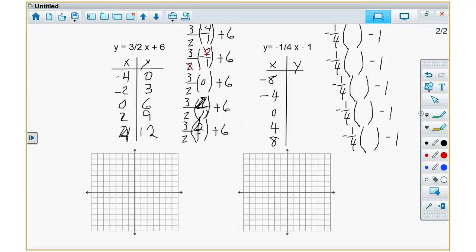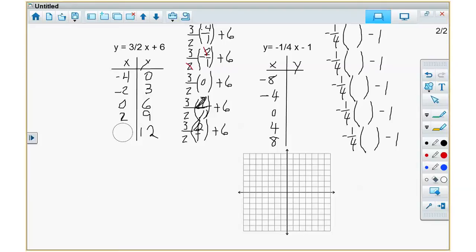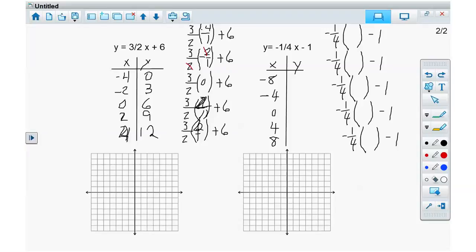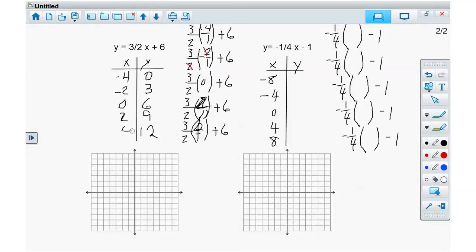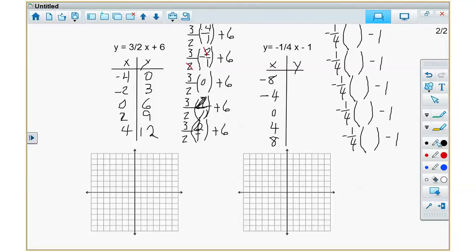Plot that. Here we go. So -4 and 0. 1, 2, 3, 4. -2, +3. 0, 6. 1, 2, 3, 4, 5, 6.